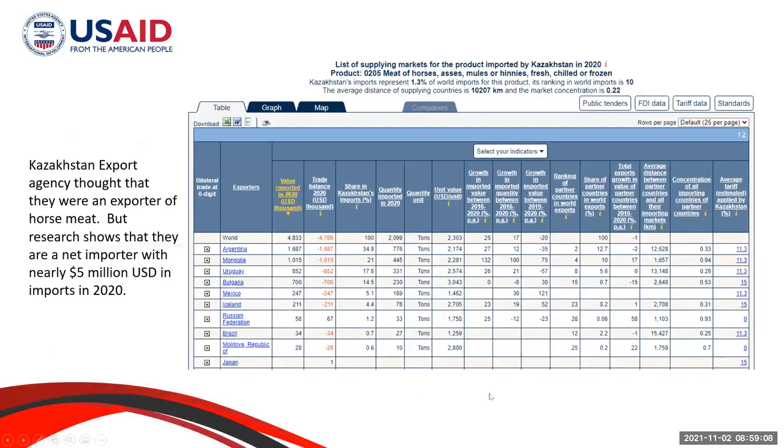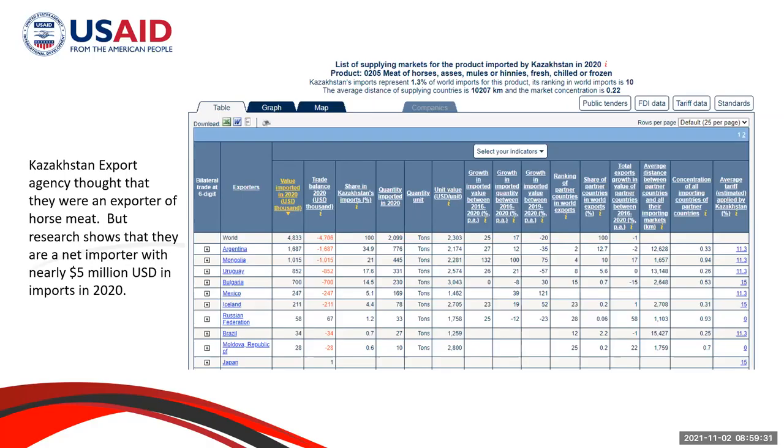So, here's another example, and this is where data is important. I was hired in Kazakhstan to help the Kazakhstan Export Agency train them, similar training to this. We did a week-long session of training. That was back when we were able to travel there, and went there and they said, well, let's use horse meat as an example because we export a lot of horse meat.